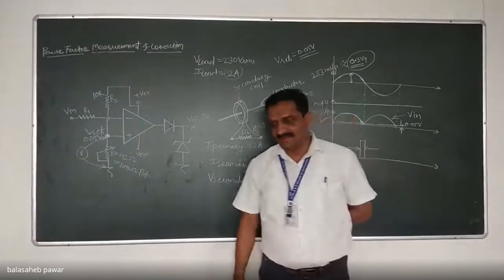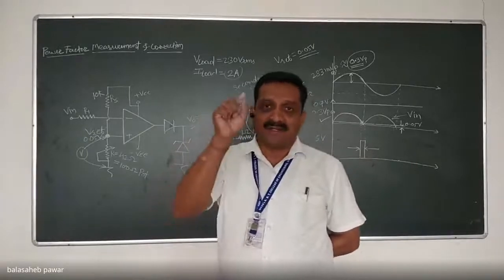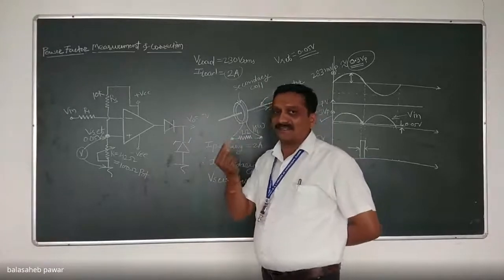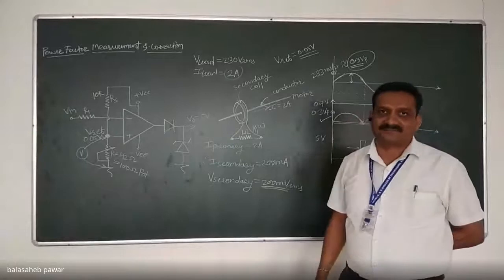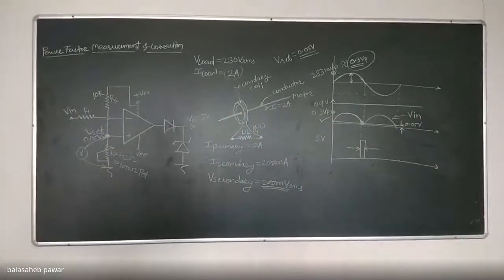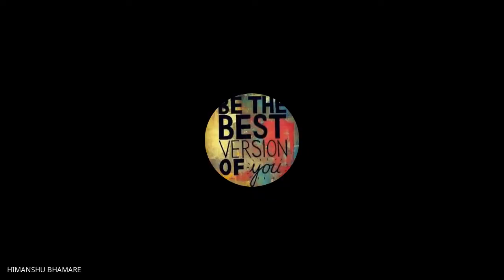While in our previous case, it went from 0.7 to 0. There was sufficient time, and that's why we got a pulse width of 1 millisecond. Right? Do you agree with this? Yes, sir.